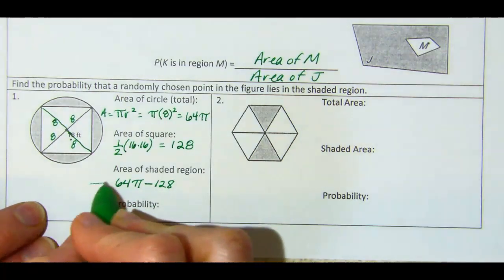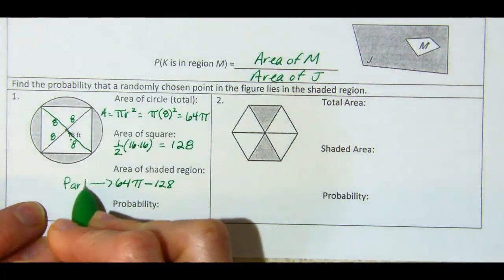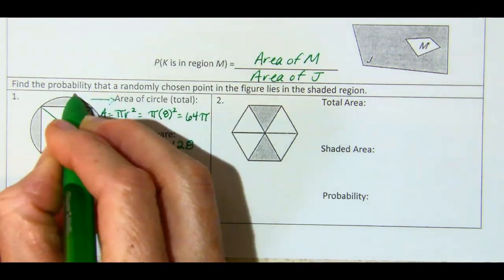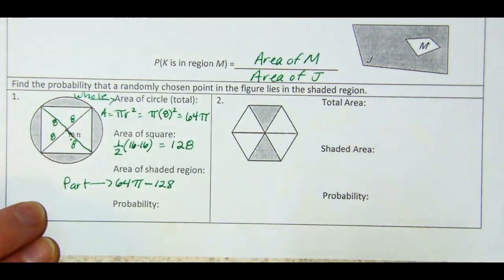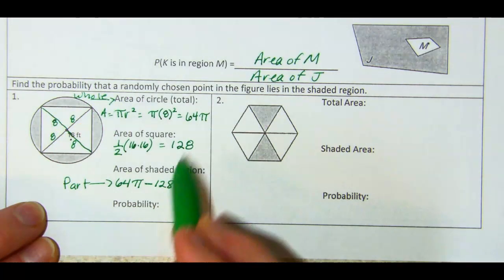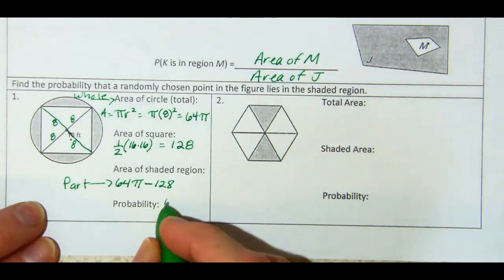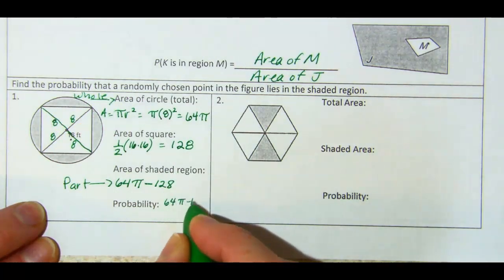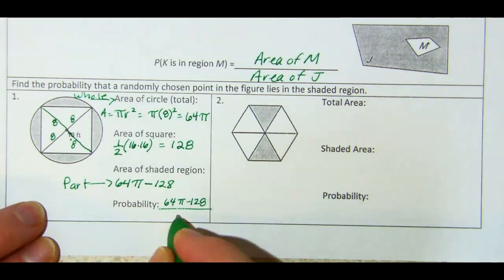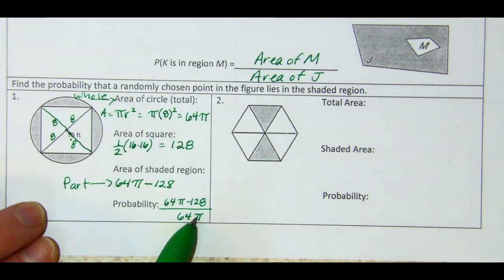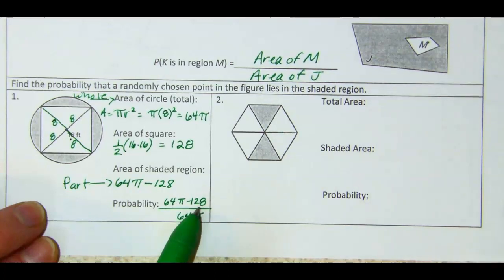Now this is going to be the part where the area of the circle is the whole. So now I have expressions for both of those. So part area over the whole area. Now these 64 pi's do not cancel out here because they're connected with a subtract.